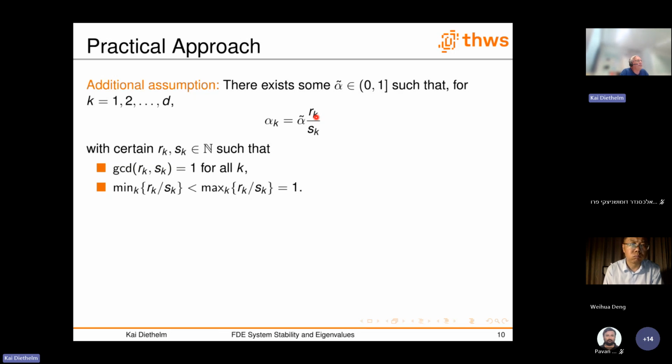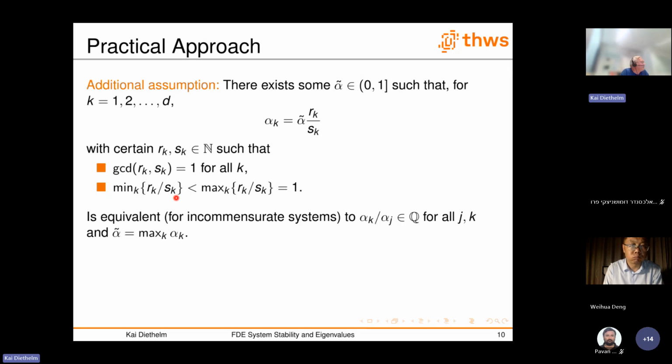So this inequality here only imposes the restriction that we really have an incommensurate system. Otherwise, it would be a commensurate system, and we already know how to deal with those. That's not interesting. So what effectively that means is that alpha tilde is the maximum of our orders.